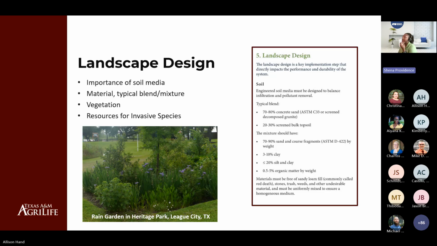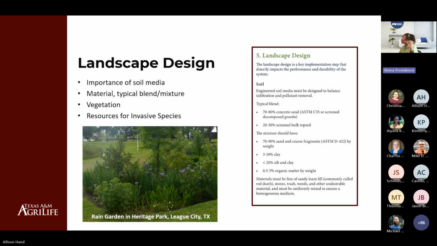And so this is another example of those multidisciplinary teams in action, because landscape design is typically done by landscape architects as well as environmental scientists. So you really want to lean on them and their expertise as much as possible, because they are typically the experts that understand the materials, the soil blends, and the typical mixtures needed to sustain these types of systems.